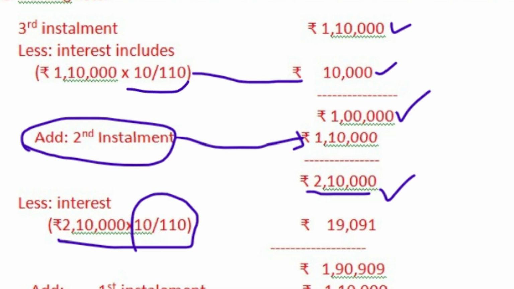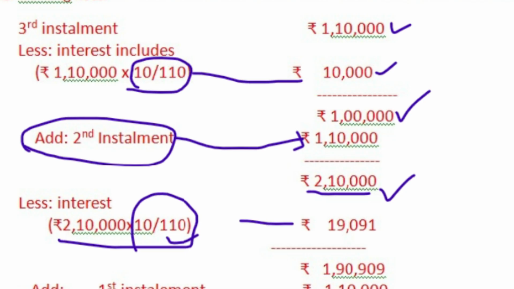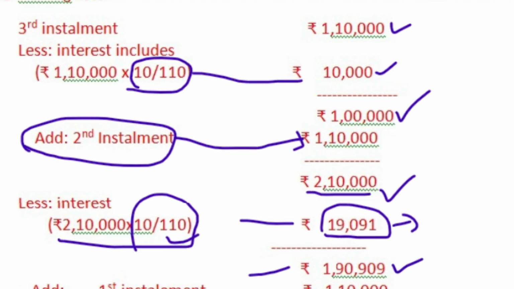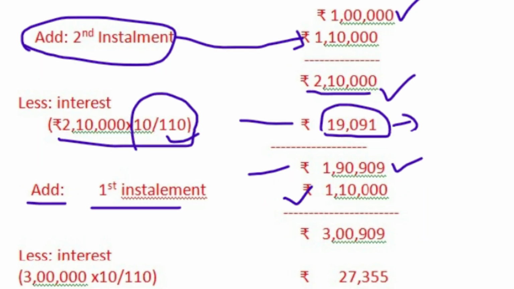The formula is rate divided by 100 plus rate. So 2,10,000 multiplied by 10 divided by 110 gives 19,091, which is the interest amount. After deducting it from 2,10,000, the value obtained is 1,90,909. And now again add the first installment of 1,10,000.